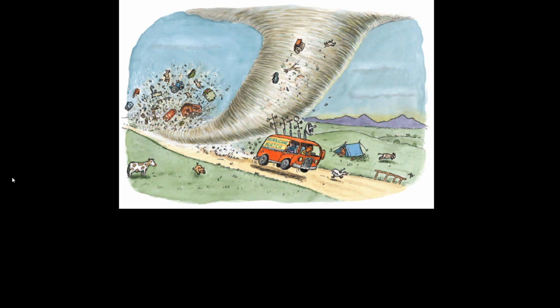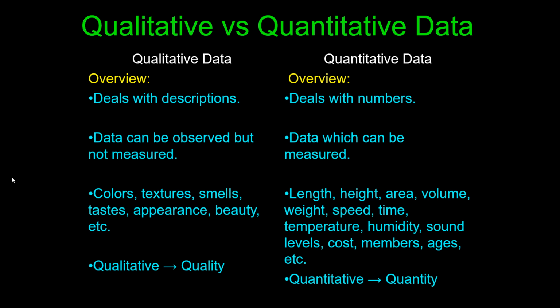So again, for us, when we're looking at stuff in the lab, you're going to have some quantitative observations where you're measuring things, measuring volume, measuring mass, measuring temperature, all of those aspects.